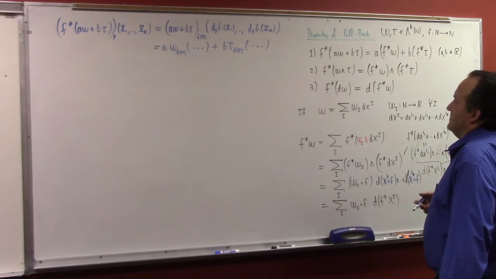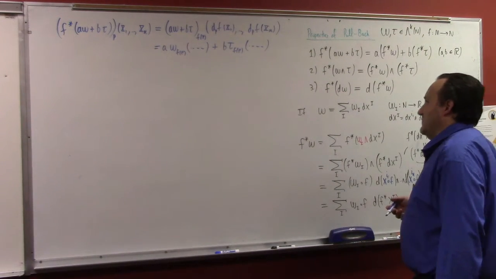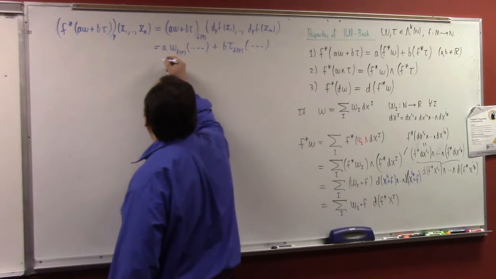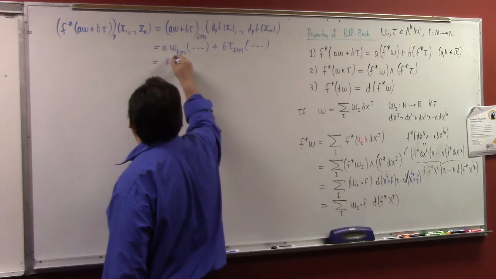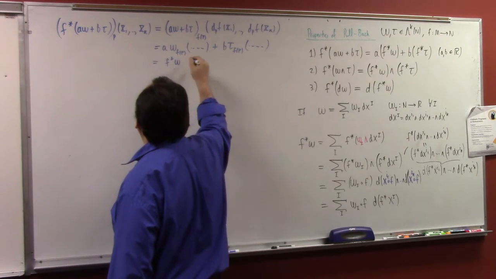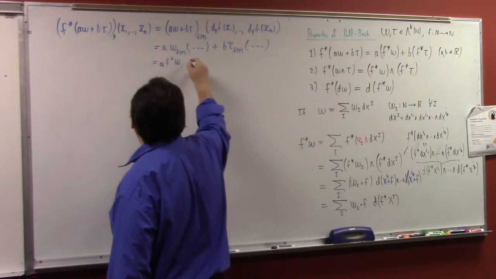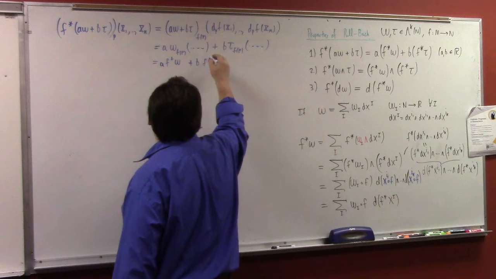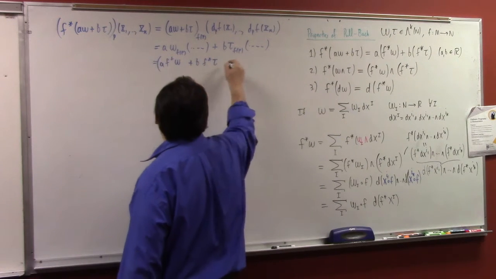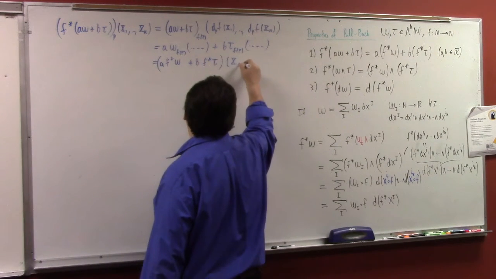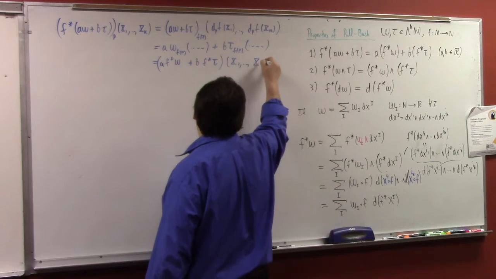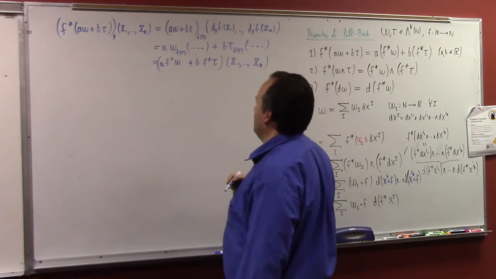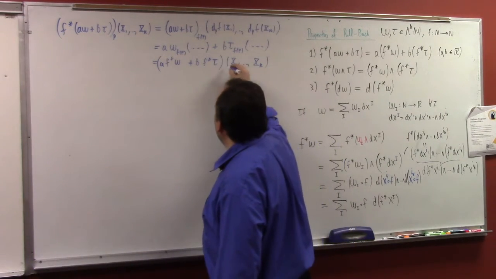Goodness. It really is clear. And then what is that? Well, that's the pullback of omega times A plus B times the pullback of tau, right? All acting on my K tuple. Skipping a few steps, but yeah. And this is at the point P, of course.